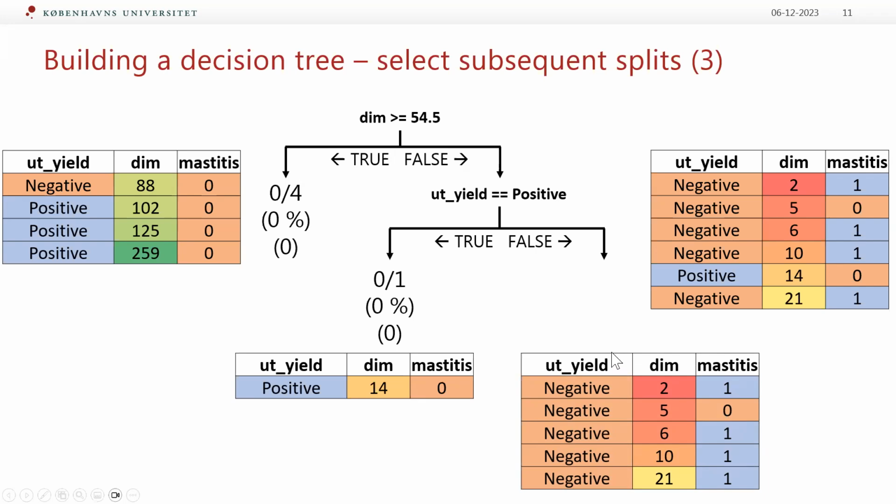So that means that we again create a leaf node here, where the output will be the one class, so we believe that the cow does have mastitis, and the output can also be an estimated 80% chance for mastitis, because we see that 4 of the 5 observations here are mastitis positive cases, and 4 out of 5 is 80%.